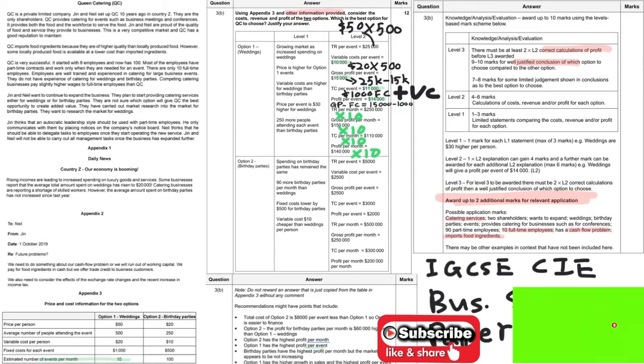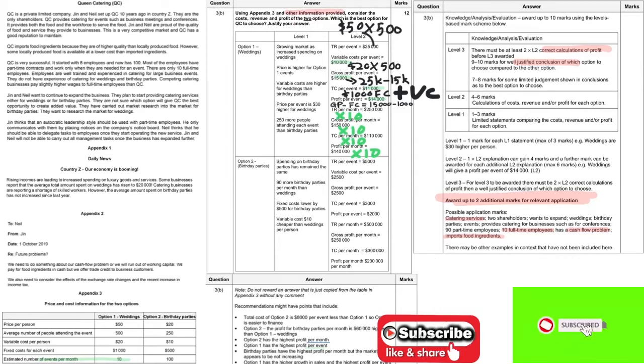So let me put it this way. When you try to answer this type of question, first of all, you have to give quantitative analysis by using appendix 3.